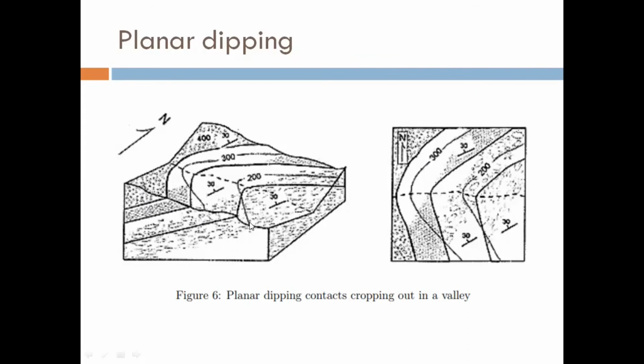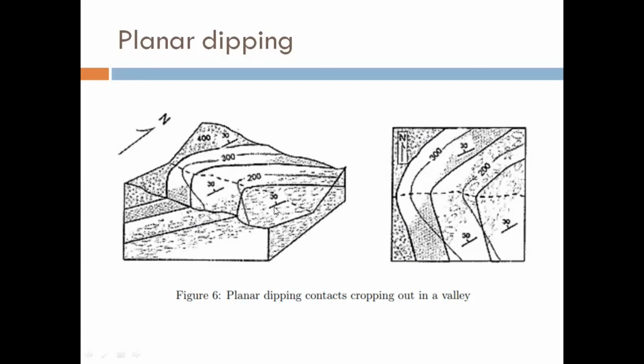And then you can see that we have the contour lines of 300, 200, 400, and then these are the bedding contacts, and you can see that the V of the contour lines is steeper than the V of the bedding planes, and it represents that the strata is dipping towards the upstream.